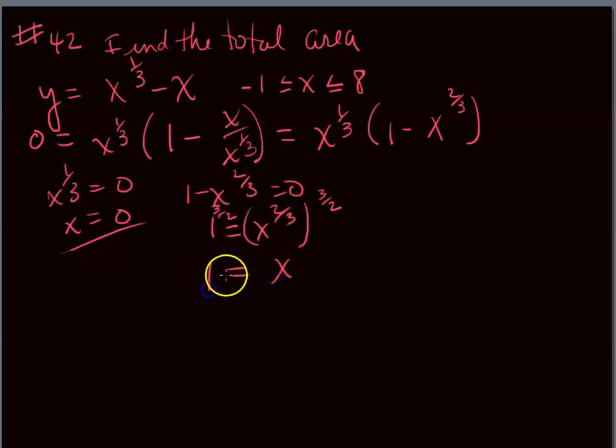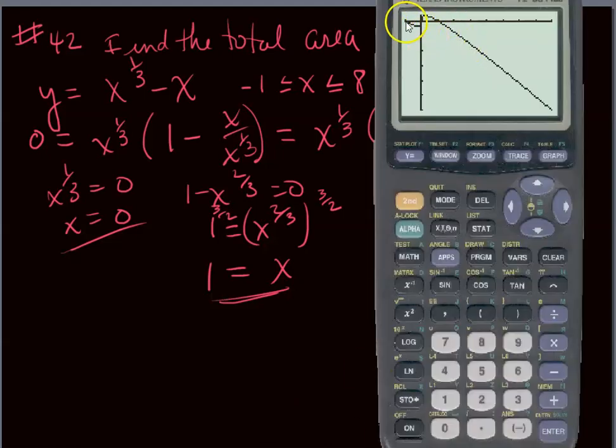So x is equal to 1, which we saw in that graph. If we put that back up, 0 at the middle, so it's -2 to 0, and then 0 to 1, and then 1 to 8. So we've got several pieces we've got to work with.